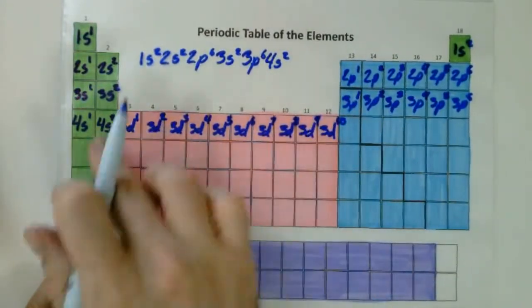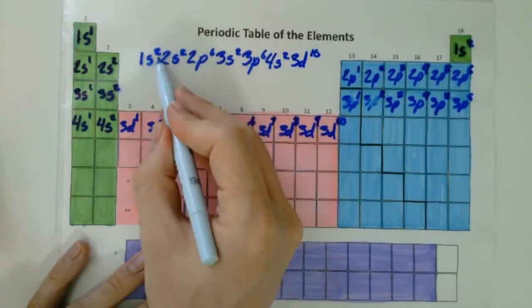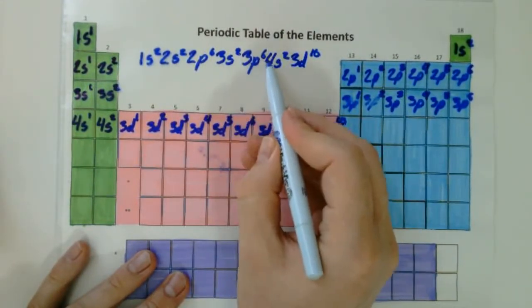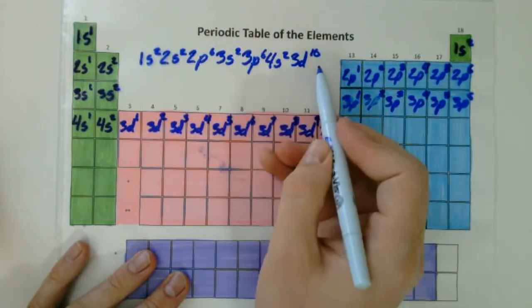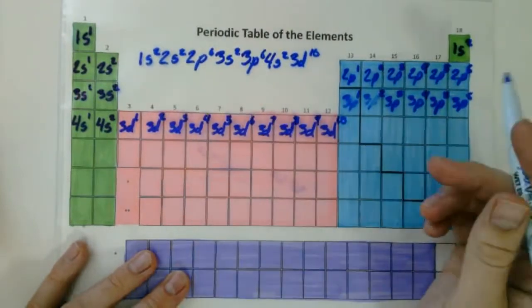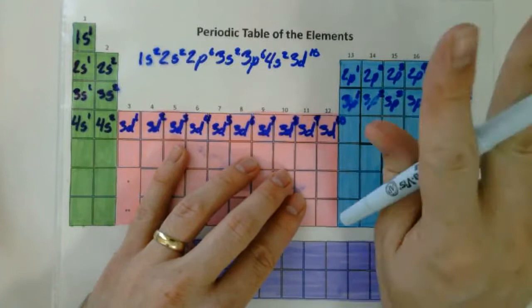But before we get there, let's put our 3d up here. Let's double check. So we've got 2 plus 2 plus 6 is 10, plus 2 plus 6 plus 2 is 10 more, plus 10. So that brings us to a total of 30 electrons. And we want to put in 33. So we have 3 more electrons to put in.